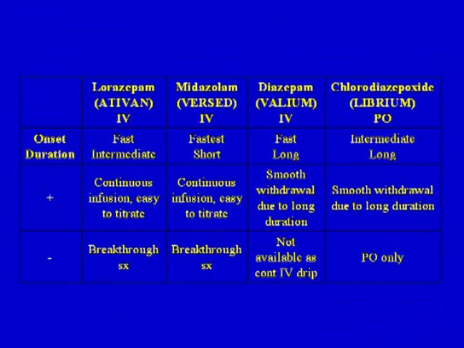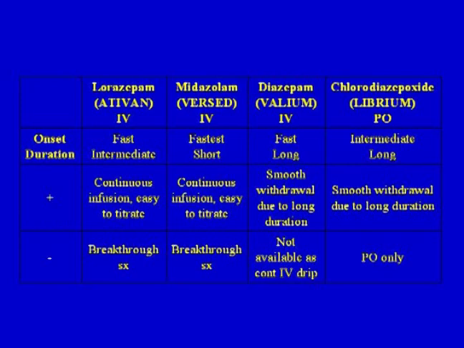So basically, you've got Ativan, you've got Versed, you've got Valium, and you've got Librium, okay? Our agent of choice in the ICU is Ativan, because you can give it IV, you can give it as continuous, and it's got a fast onset. Duration is about intermediate. You can also give Versed, but one of the side effects, just like Ativan, is breakthrough symptoms.